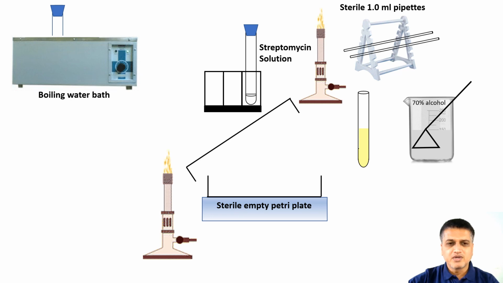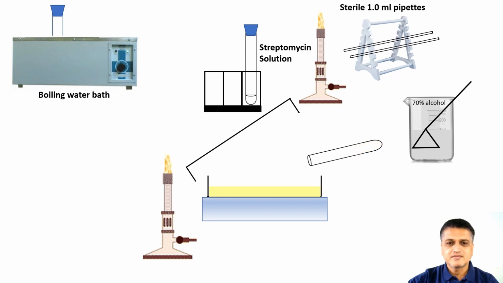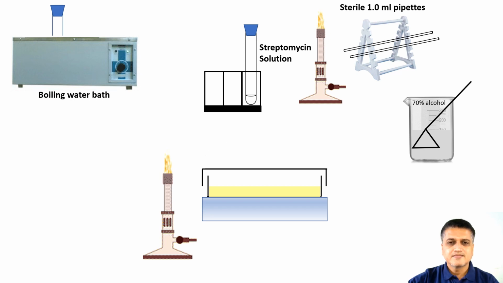Now open the lid of sterile empty Petri plate. Aseptically pour the melted nutrient agar in sterile empty Petri plate. Close the lid of Petri plate.